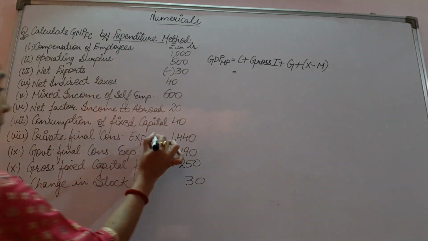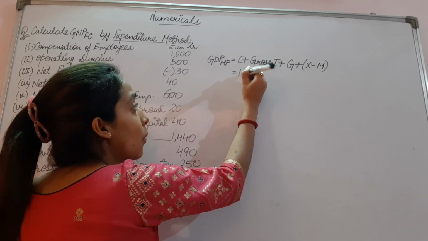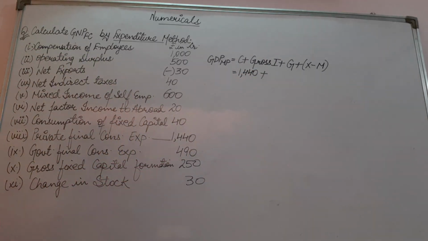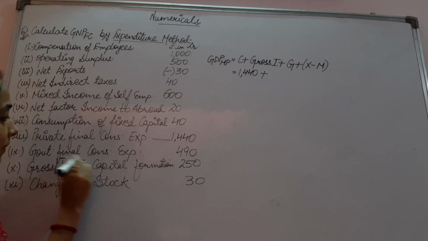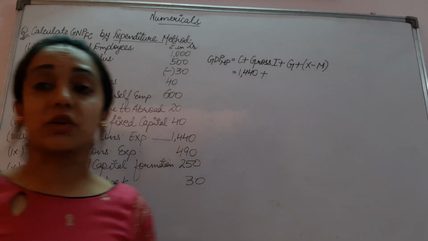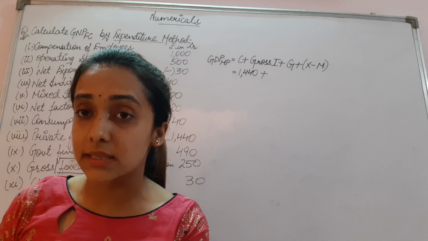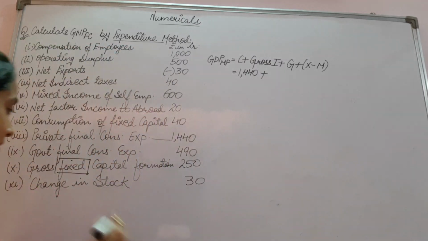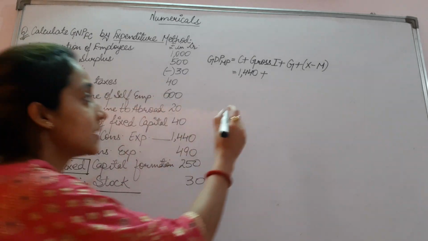What is C given in the question? It is 1440 crore, plus gross I. Gross fixed capital formation is given, and when fixed is given, what do we do? We will add change in stock. Change in stock is 30.